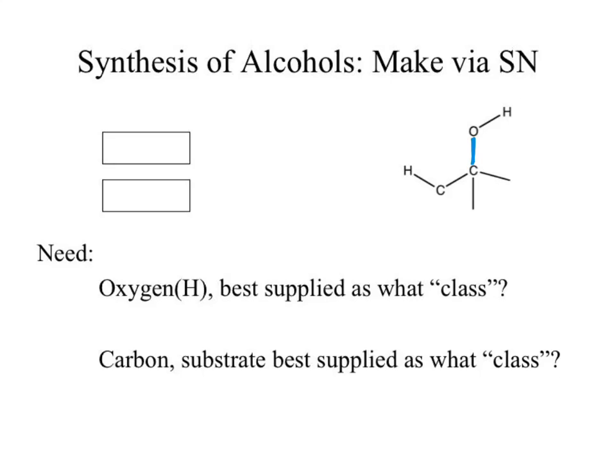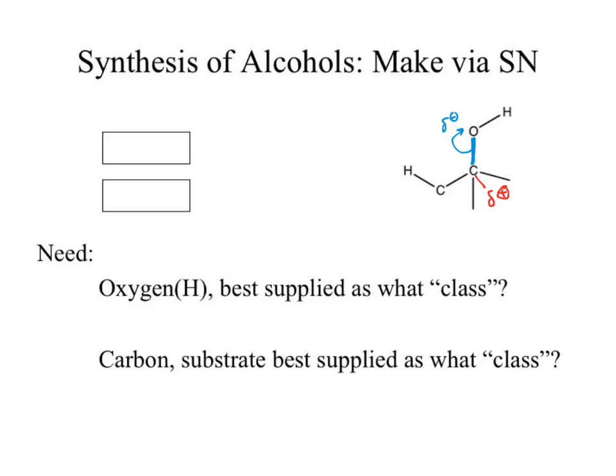Where do those electrons likely spend most of their time? Why on the oxygen? It's more electronegative, so it wants them more, which means the oxygen comes in with what charge? Very large partial negative, and our carbon comes in as a partial positive.